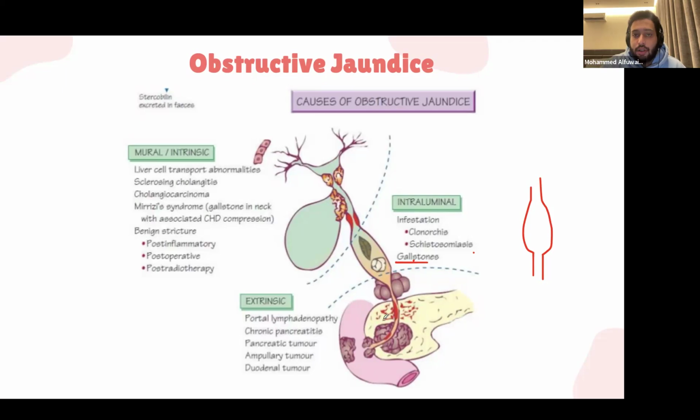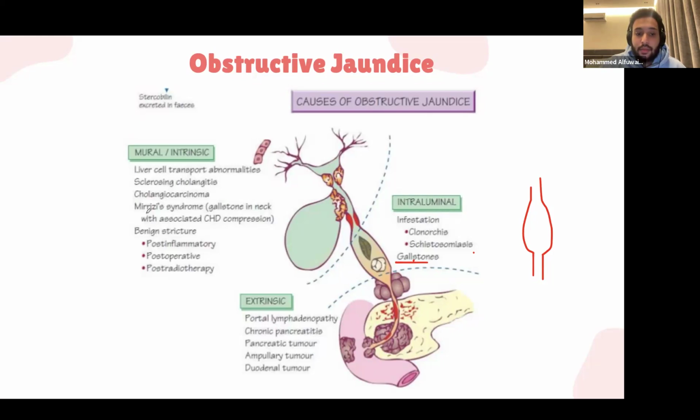Ampulla of Vater tumor, again, same thing, will cause obstruction. Duodenal tumor, or as we mentioned in the previous session, the duodenal diverticulum, if it's intramural, can cause obstructive jaundice, okay?